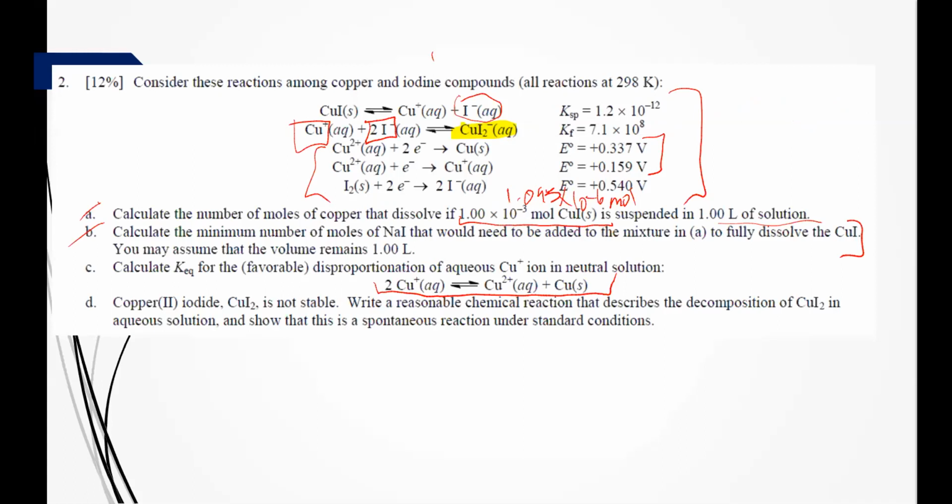You can see that our copper 2 can turn into our Cu plus. We can also see that our Cu plus and our iodine can turn into our solid up here. We can also see that we can take our I minus and turn it into the I2 with whatever we have left over, right? So it's kind of like a combination of pulling those together.